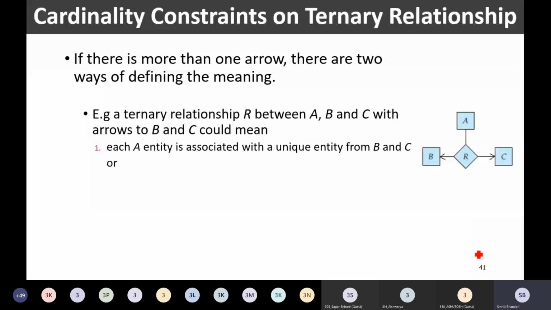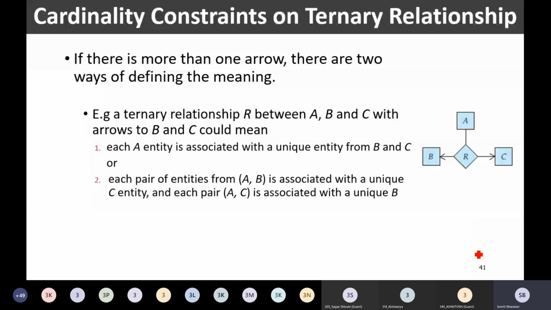In another way, how can we interpret it? We may interpret it like this also: each pair of entities from entity sets A and B is associated with a unique entity in C. Each pair AB is associated with a unique entity in C. Or we also may interpret it like each pair AC is associated with a unique entity in B. Are you getting me?